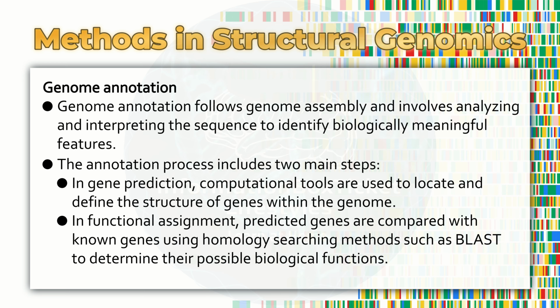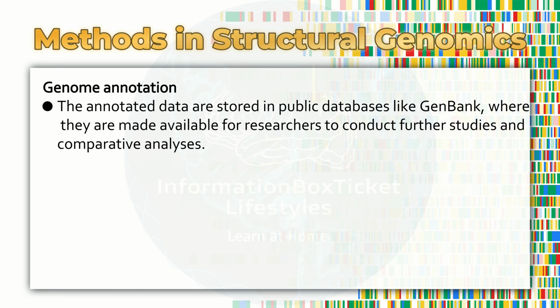In functional assignment, predicted genes are compared with known genes using homology searching methods, such as BLAST, to determine their possible biological functions. The annotated data are stored in public databases like GenBank, where they are made available for researchers to conduct further studies and comparative analyses.